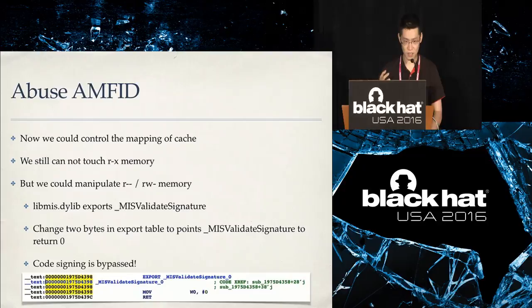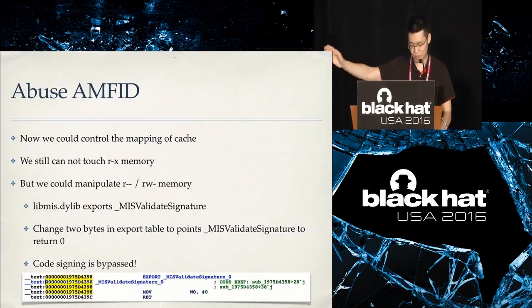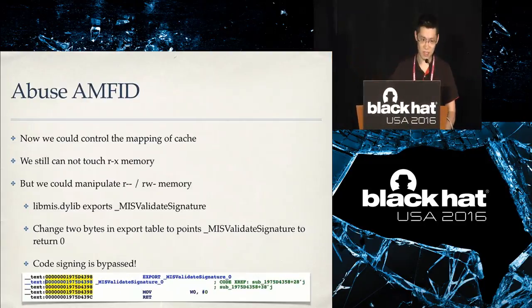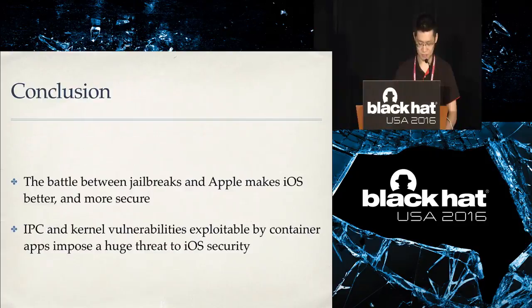We could point MISValidateSignature to some other function inside the dylib. We found these instructions, which are just a return 0. So after patching the shared cache, MISValidateSignature always returns 0. Then boom, MFID is broken.